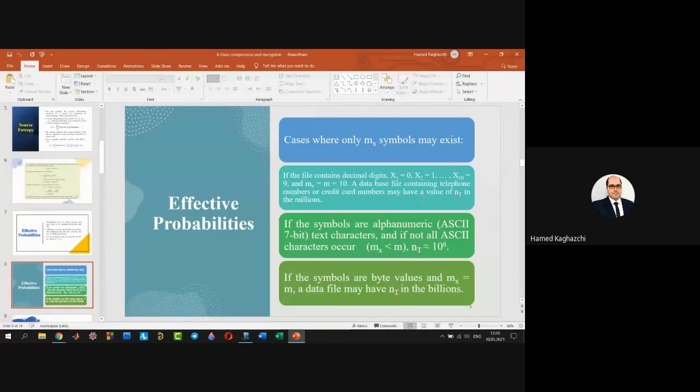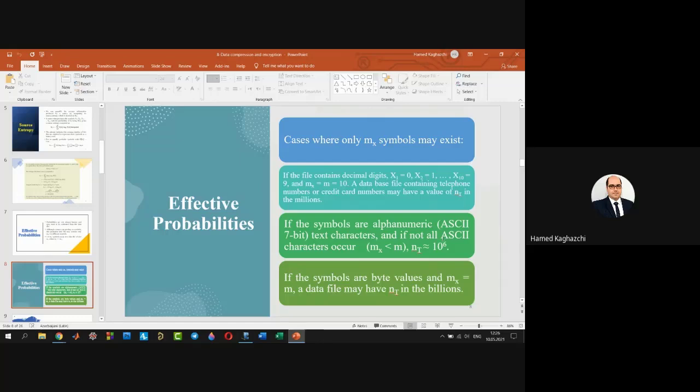We know that with 7 bits we can represent 128 numbers. But maybe the nt can be 10 to the power of 6, a million, which can be the size of the data file.